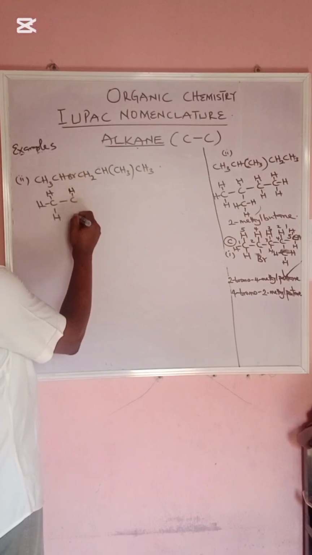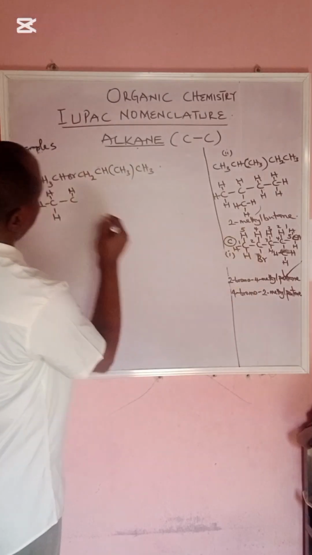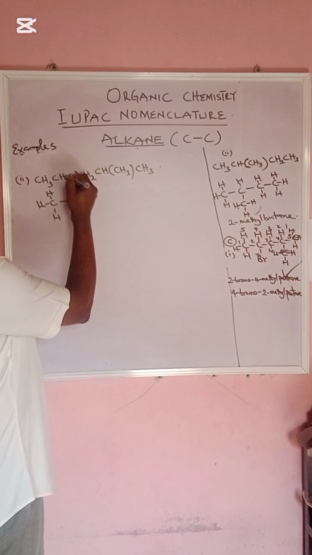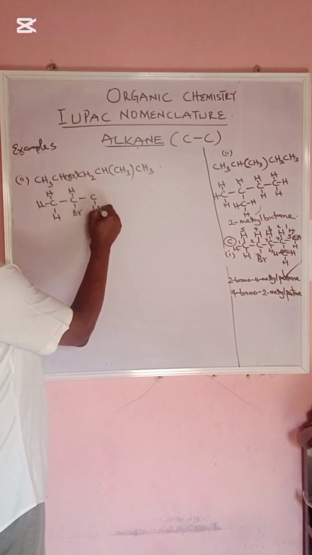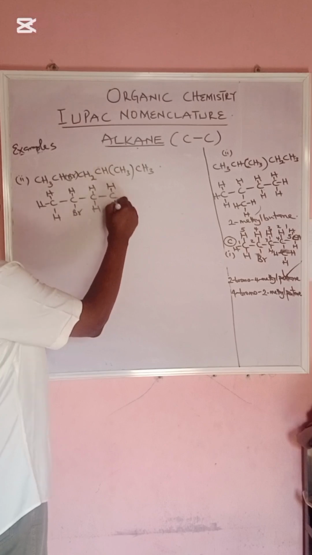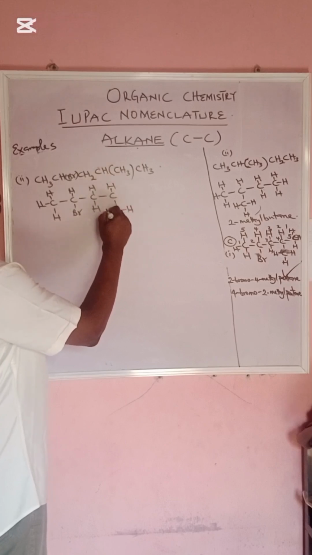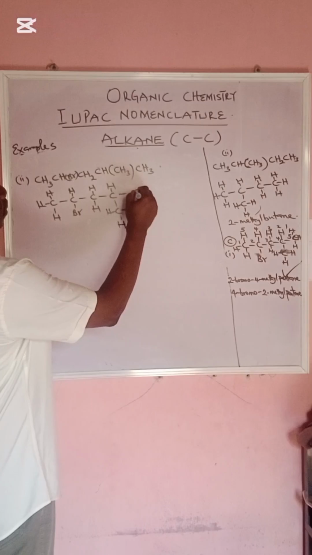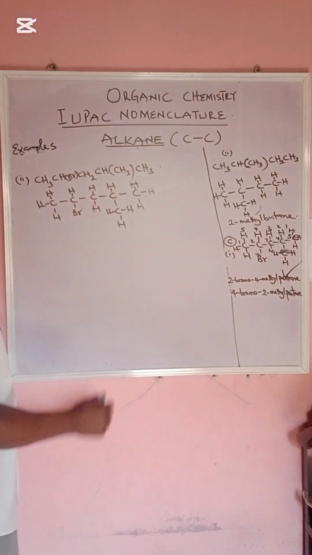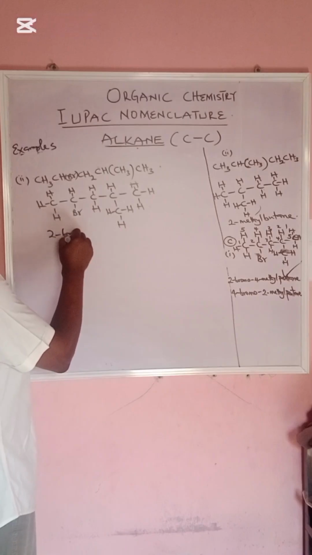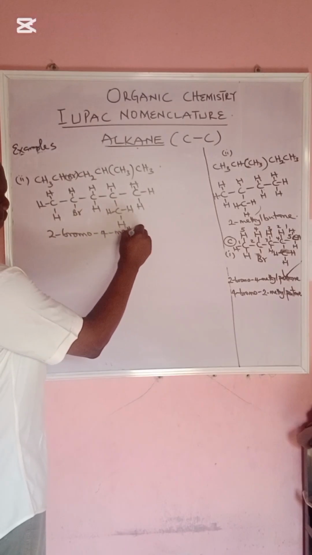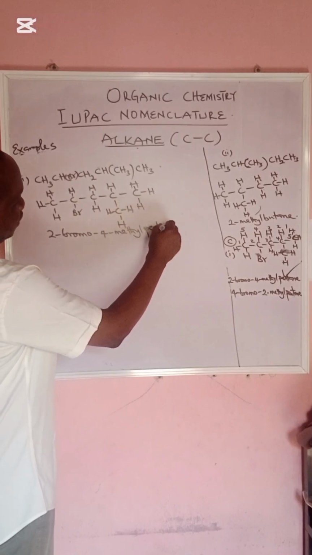Bromine is down, so you put it in brackets. You continue C. This is H, this branch. You have alkyl group methyl here, then continue CH3. So you can just name it: 2 bromo 4 methyl pentane. 1, 2, 3, 4, 5. So that is C.